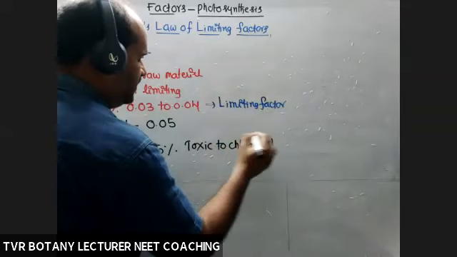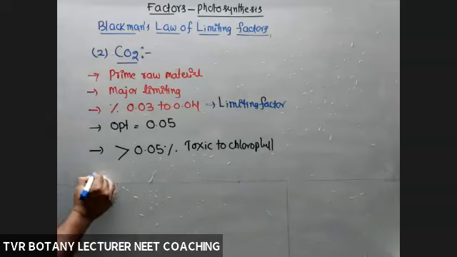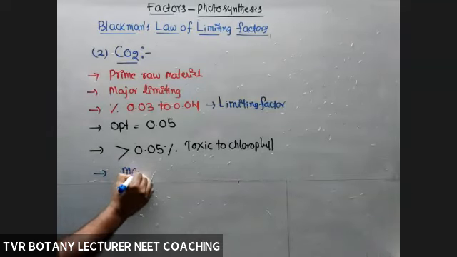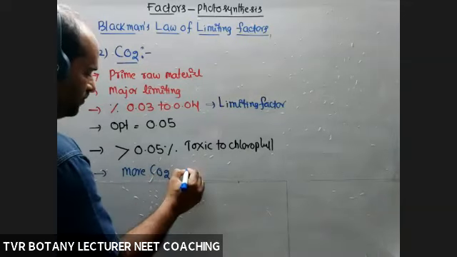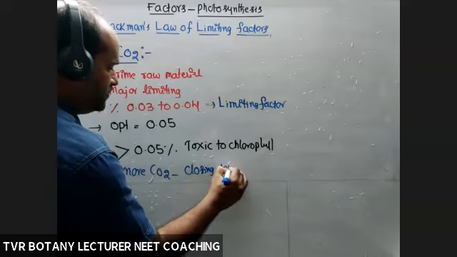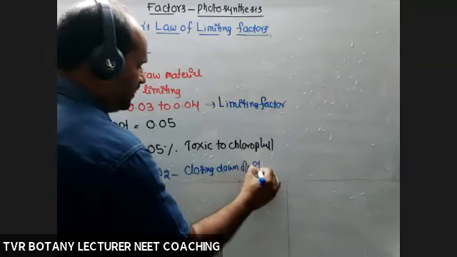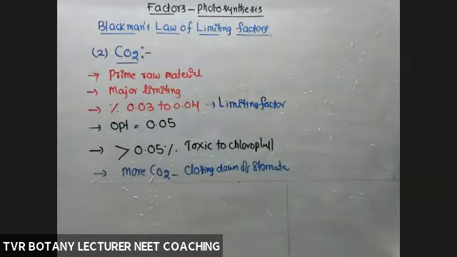Rate of photosynthetic yield declines, with closing down of stomata simply. So here optimum concentration is 0.05% only, not more than that.